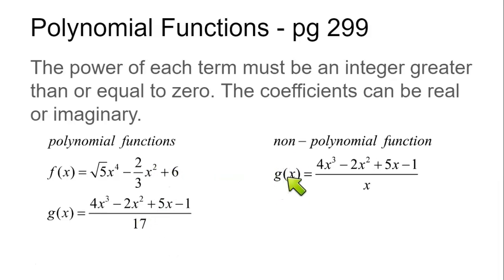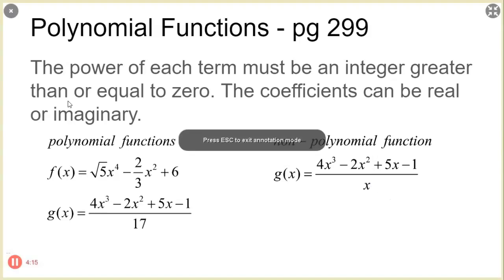For this example, it's not a polynomial function. The degree is still non-negative here, it's non-negative here, and it's non-negative here. But in the denominator, because I'm dividing by x, I'll write it down.